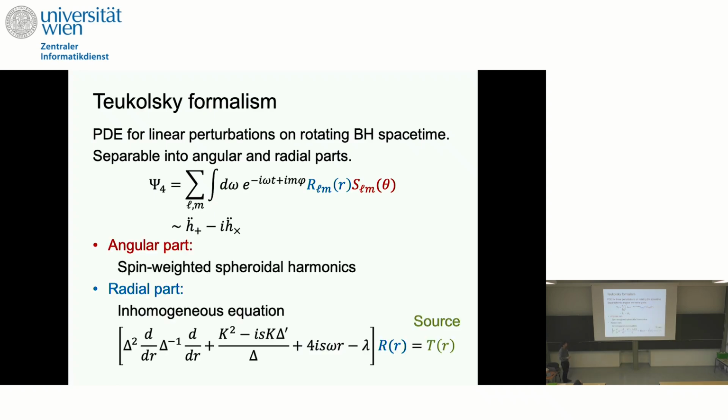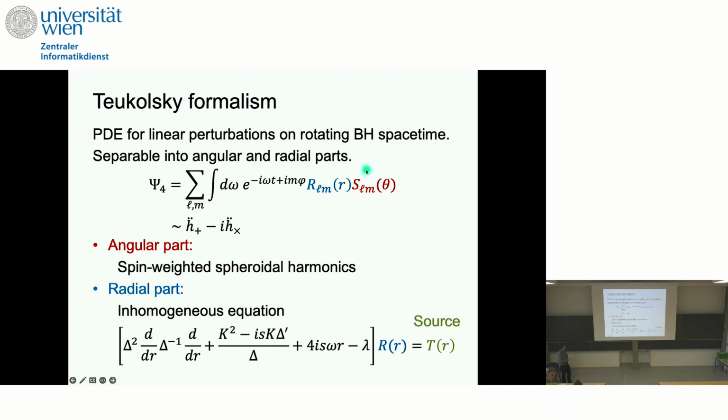The angular part is given by the so-called spin-weighted spheroidal harmonics, which are a generalization of spherical harmonics. Because we are now considering a rotating black hole, there is no spherical symmetry, but axial symmetry, so the spheroidal harmonics are the axisymmetric case.